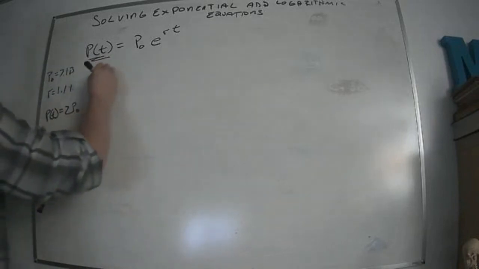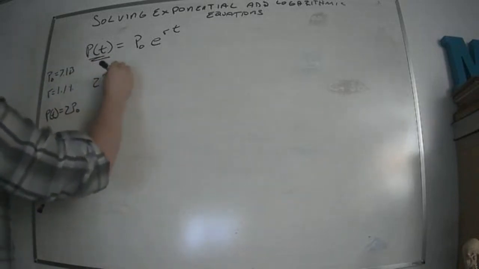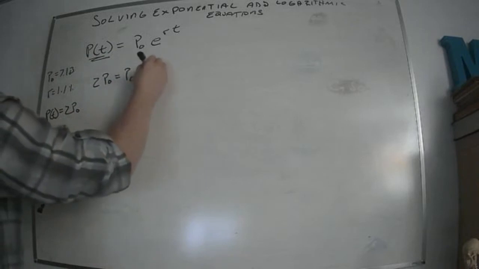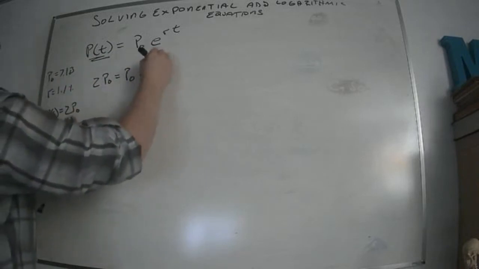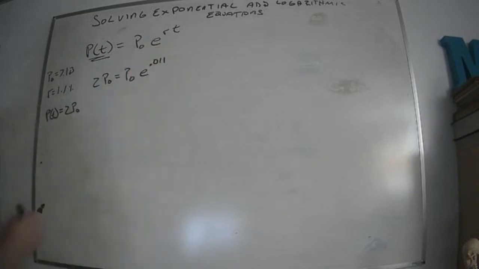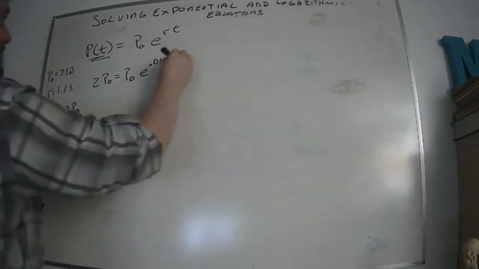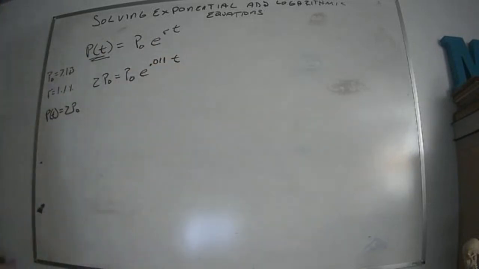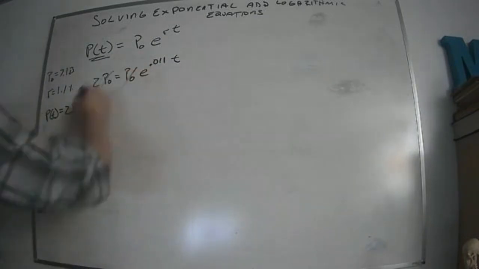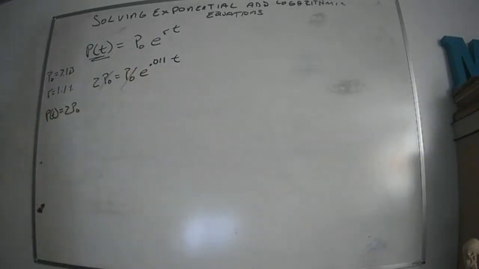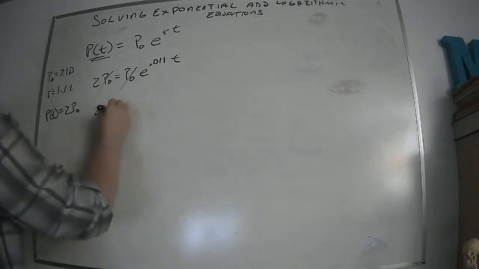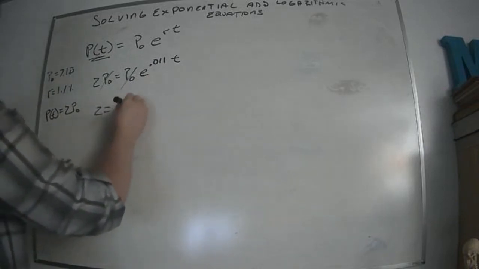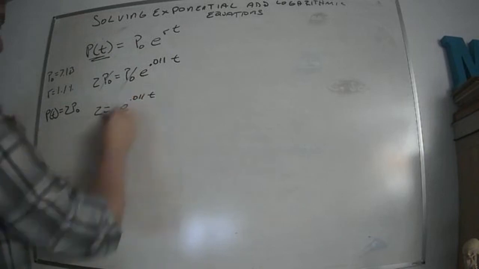So I say 2 P0 equals P0 e to the rt. r is 1.1%, which means it's 0.011. Simple algebra tells me that P0 doesn't matter. On both sides, I can factor it out. And then I'm left with 2 equals e to the 0.011t.